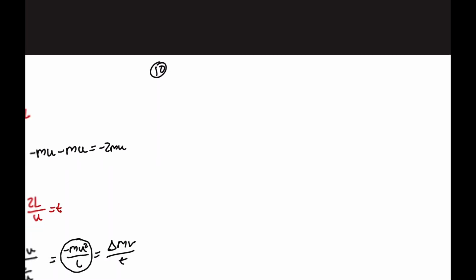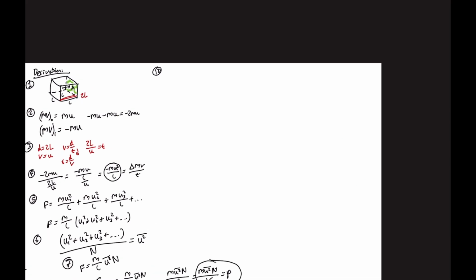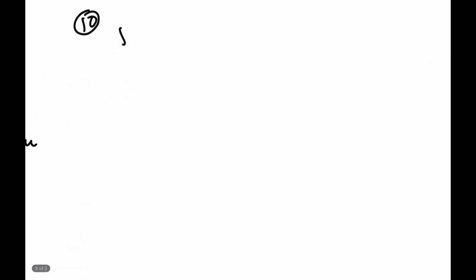Now step 10, we rearrange into the original formula. We had the formula for the pressure. So P is equal to N m u bar squared over L, volume, sorry.